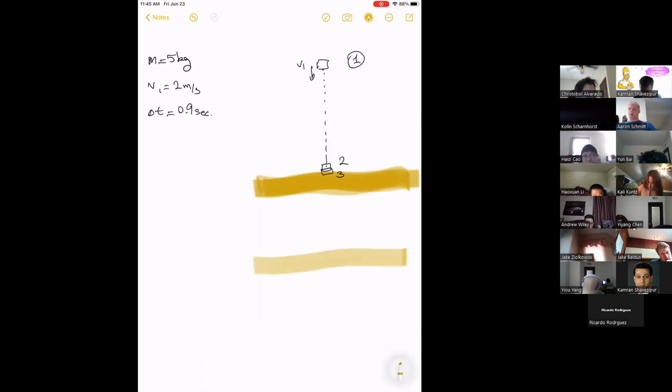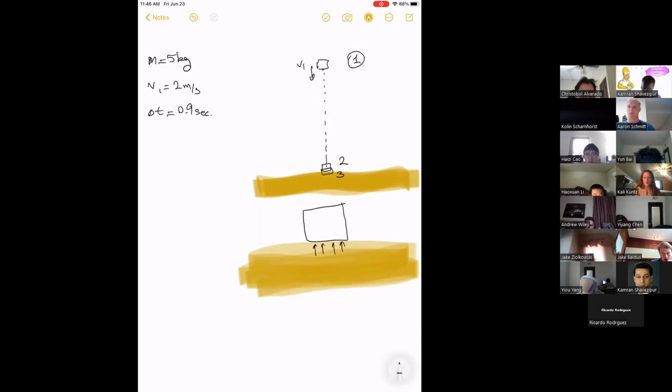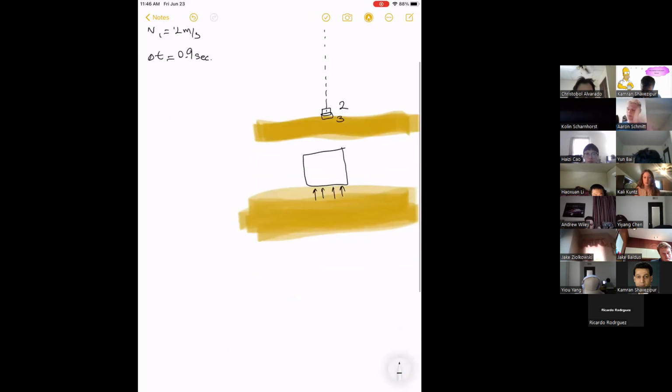So let's say this is the sand, right? At the beginning, the box is here. And as it touches the sand, you may realize that there's going to be some forces acting from the sand, right? Resisting the penetration. And then finally, it's going to stop, let's say, here.